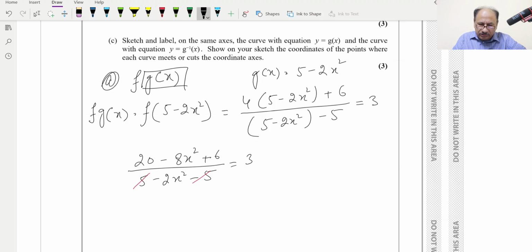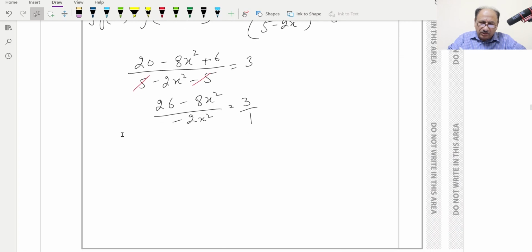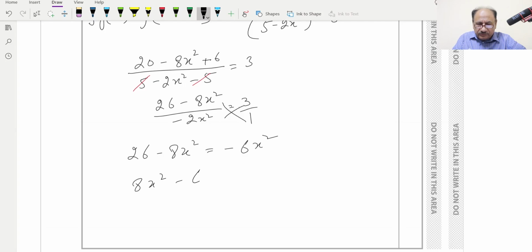Now we can write 20 plus 6 will be 26 minus 8x squared over minus 2x squared is equal to 3, and over 1 we can write, and we can cross multiply, and after cross multiplication we will get 26 minus 8x squared is equal to minus 6x squared, and further we can shift everything to the other side, so we'll get 8x squared minus 6x squared is equal to 26, we can write.